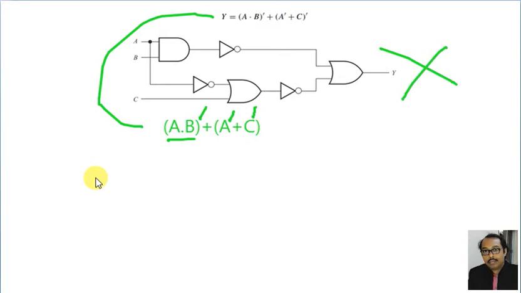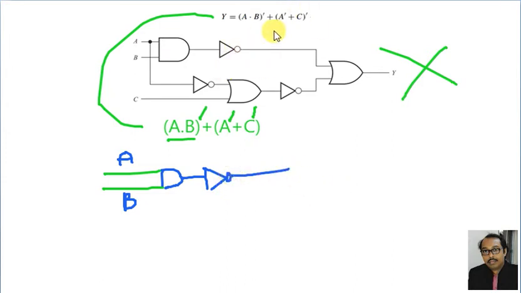I need to draw a line, and this is A and this is B. Great. So this is the output, but this is not the required one. It is A dot B not. So I need to add a NOT gate there.